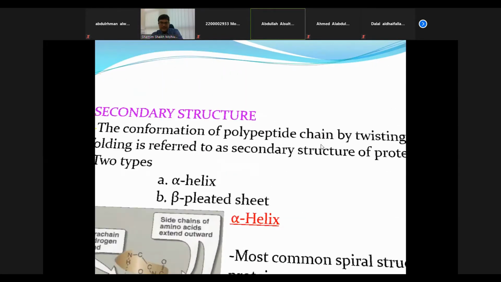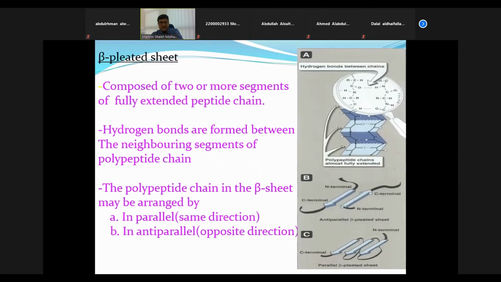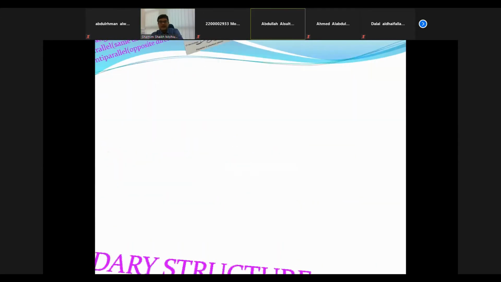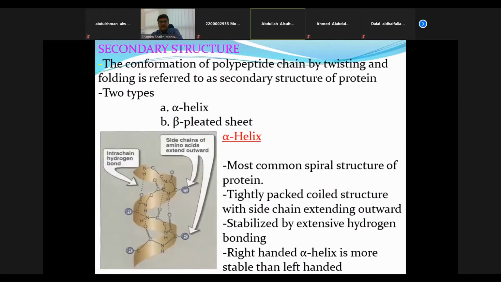Doctor, I have a question. How can I differ between the right-handed alpha helix and the left-handed? Look, suppose this is your primary structure. Now you are rotating your primary structure clockwise.